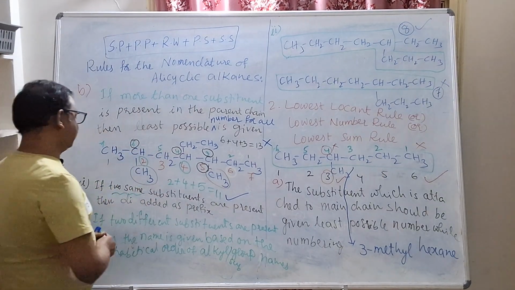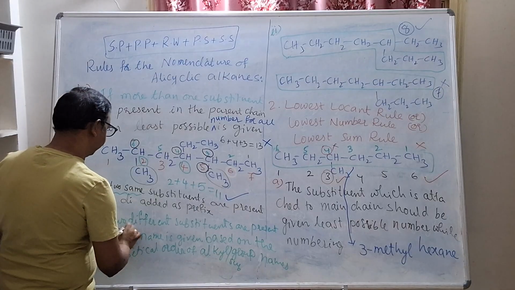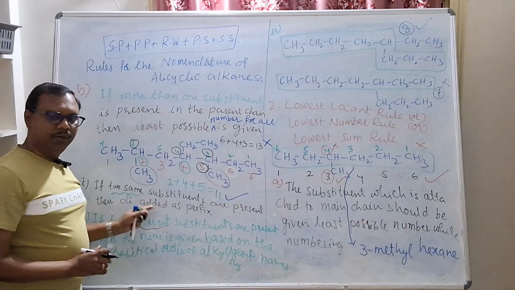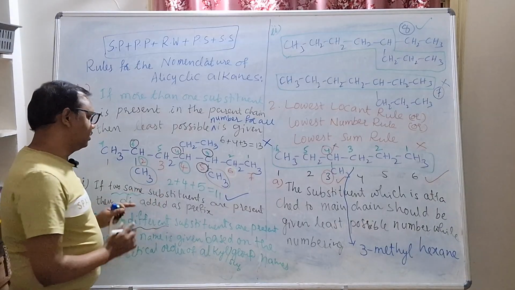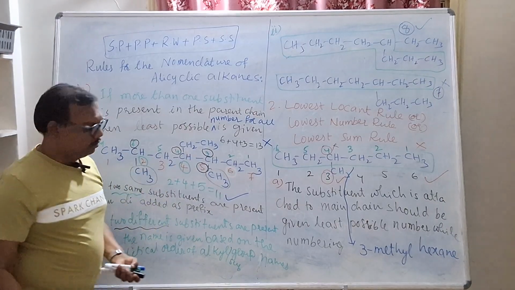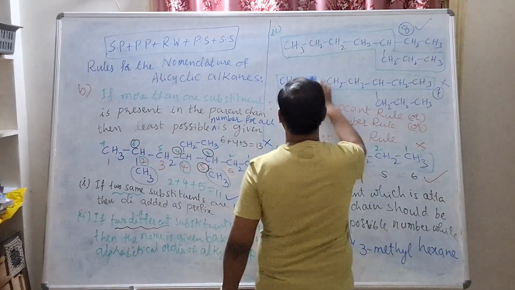If it is the same substituent, and more than one is present, 2 are present di, 3 are present tri, 4 are present tetra, we have to consider here. Therefore, the name I am writing here.